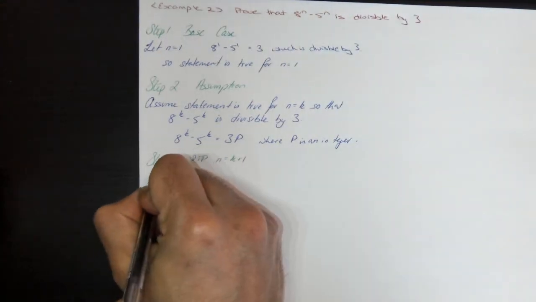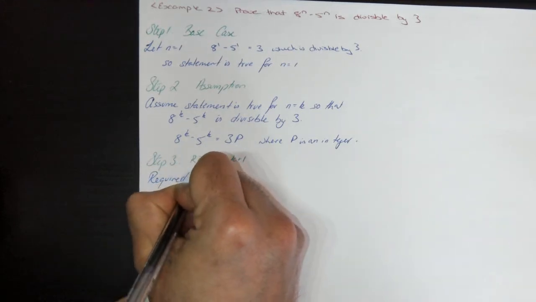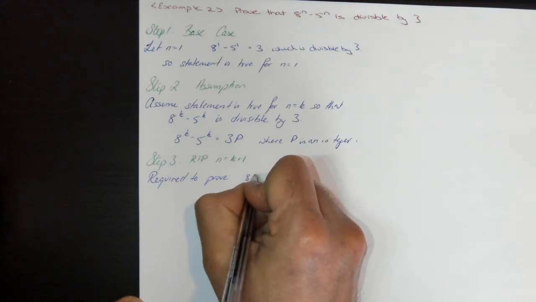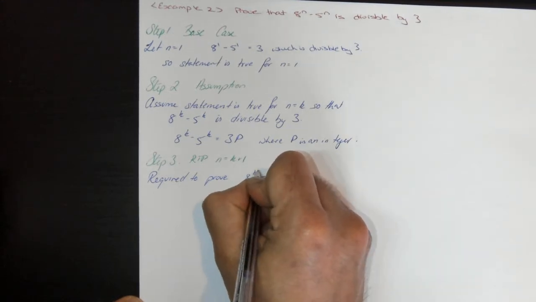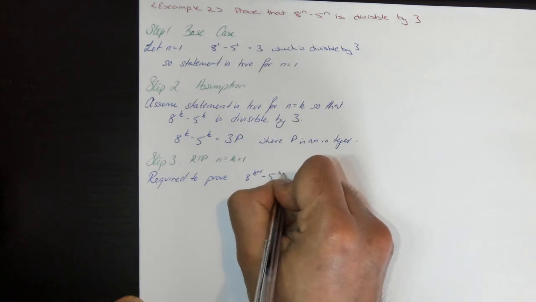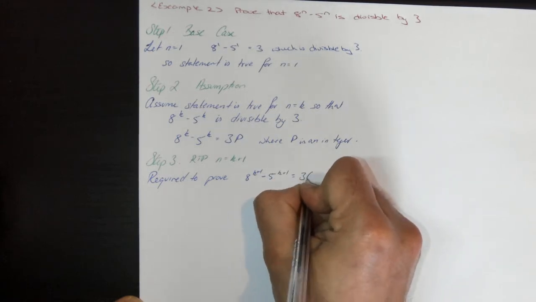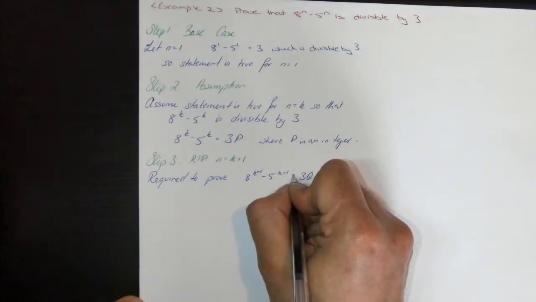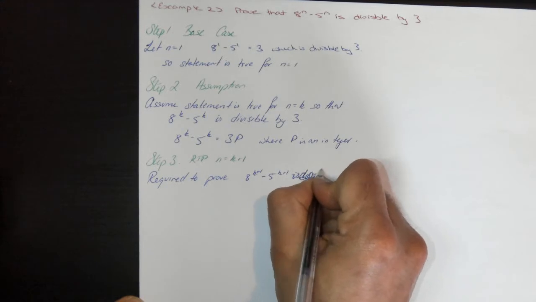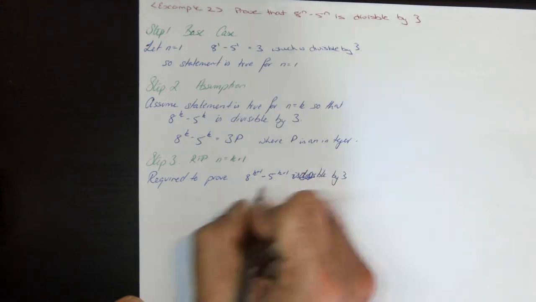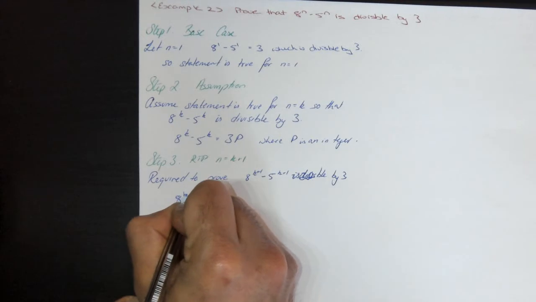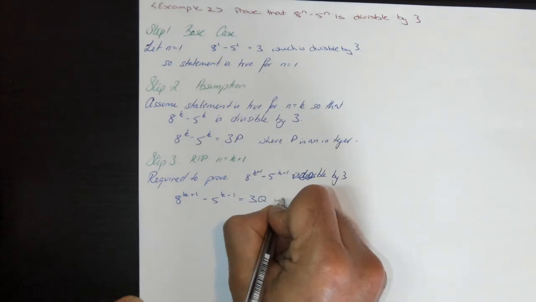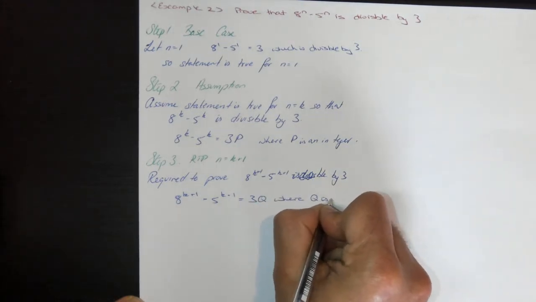So we're required to prove 8^(k+1) minus 5^(k+1) equals 3q, is divisible by 3, so that we get 8^(k+1) minus 5^(k+1) equals 3q, where q is an integer.